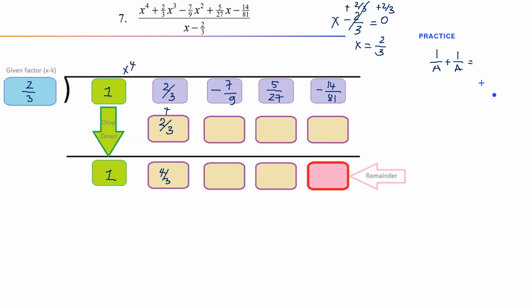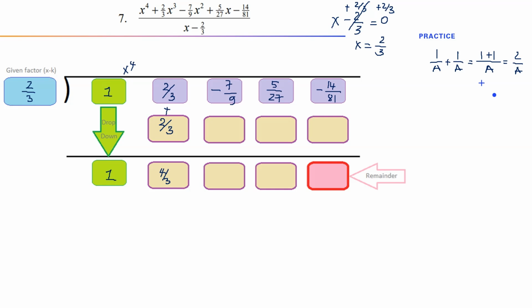We have the same denominator, a, so 1 plus 1, that's 2 over a. Right? We have the same denominator, 3, so we add the numerators, so 2 plus 2 is 4.